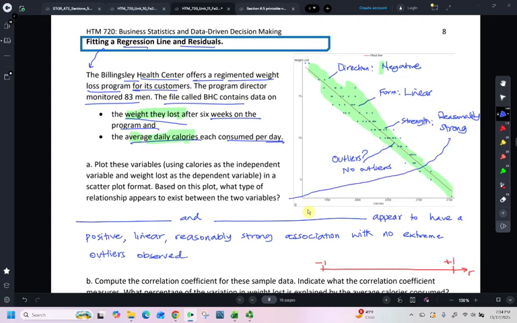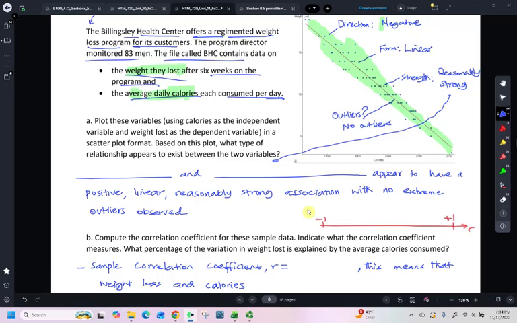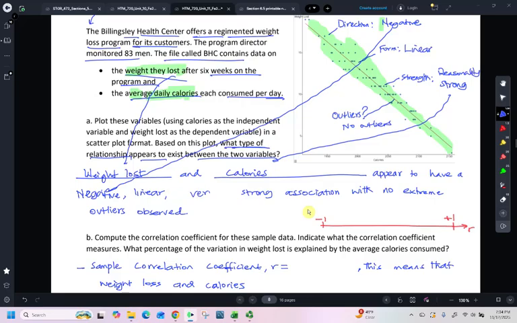So I'm going to put all of this together in words, and I would say that to describe the type of relationship that exists between the two variables, weight lost and calories appear to have a negative, from what we did earlier, a negative linear, and very strong, in fact, rather than say reasonably strong, let's say very strong association with no extreme outliers observed.